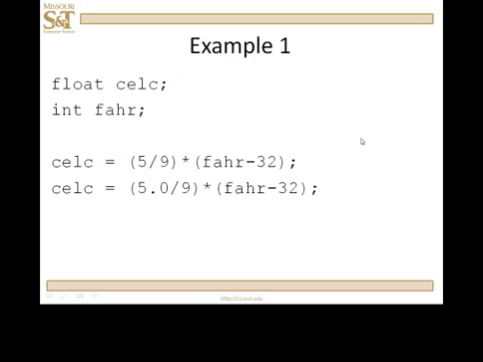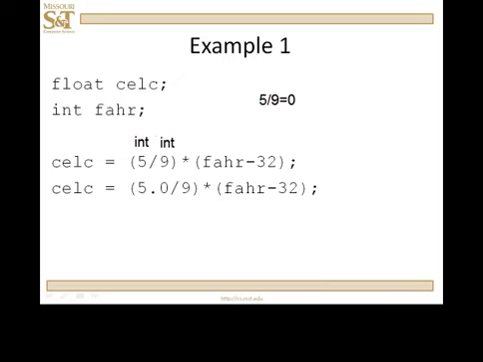The problem is that 5 is stored as an int. 9 is stored as an int. What's an int divided by an int? It's an int. And how many times does 9 go into 5? 5 divided by 9 is 0. 9 goes into 5 0 times. It's an integer. This is a common mistake.